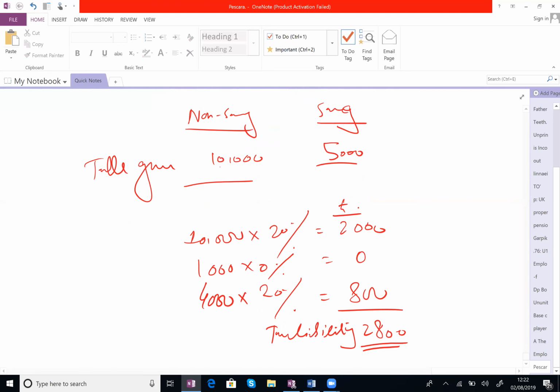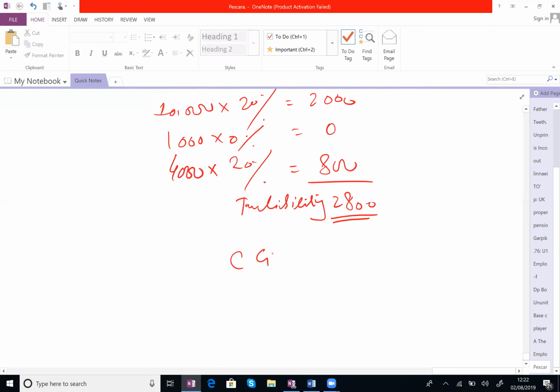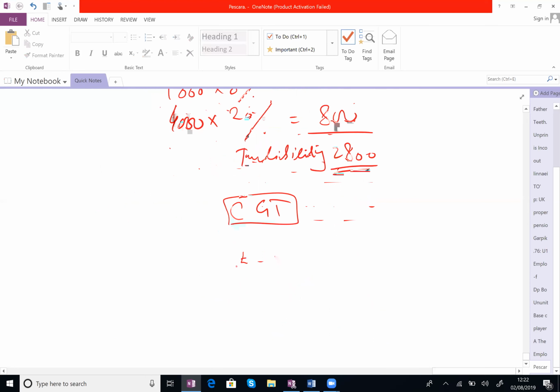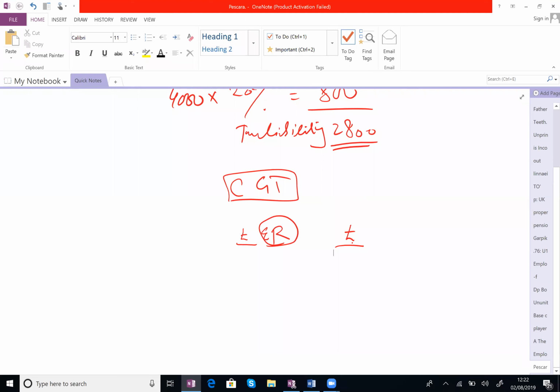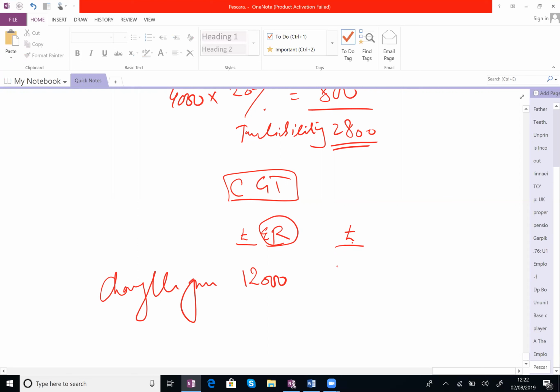Now CGT. There are two gains: those which qualify for entrepreneur relief and those which do not. In this question, chargeable gains are available. Entrepreneur relief gains are 12,000 and gains not qualifying for entrepreneur relief are 25,000.